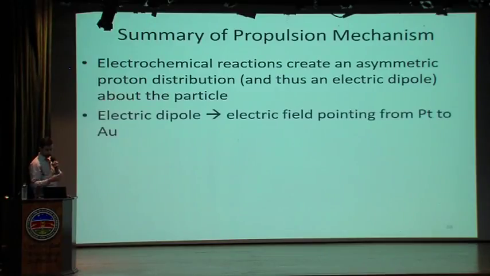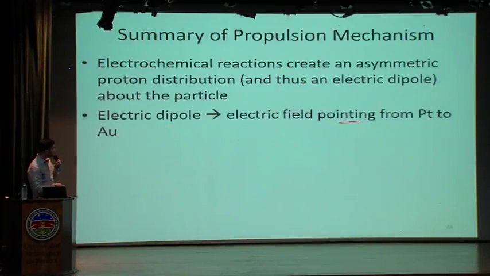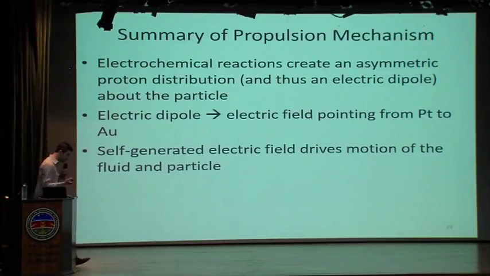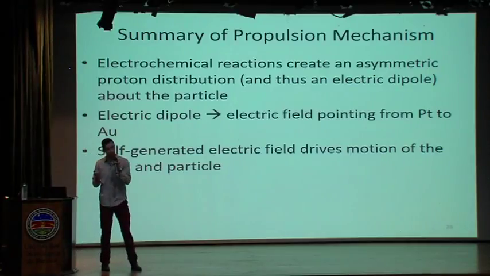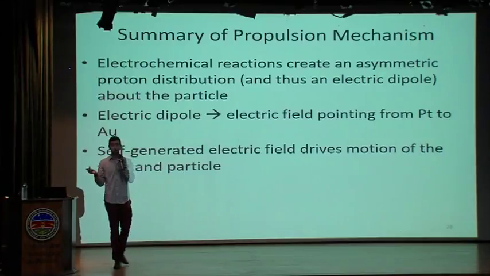That essentially creates an electric dipole, and an electric field that points from platinum to gold. That electric field then drives motion of the particle. So in conclusion, this is really the first realization, I think, of the mechanism that Mitchell proposed over 50 years ago.